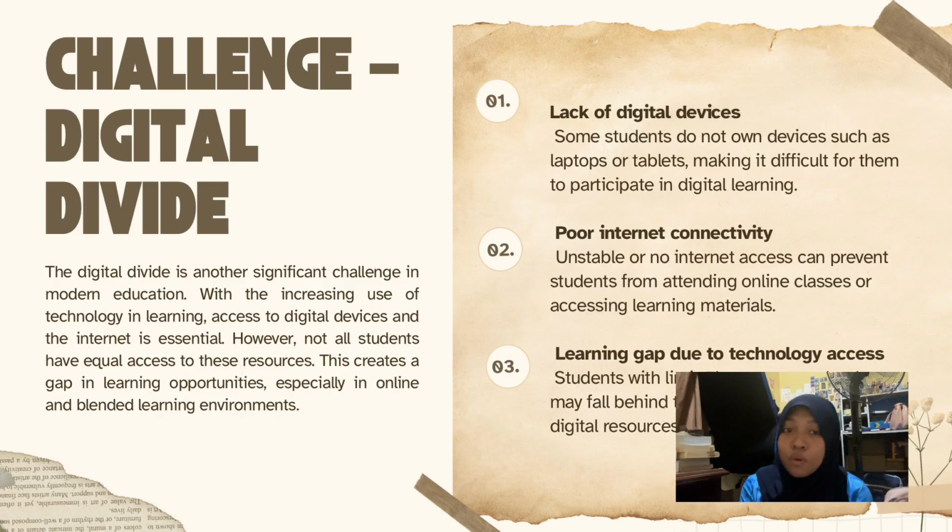First, we have the lack of digital devices because some students do not own devices such as tablets, making it harder for them to participate in digital learning. Next, we also have poor internet connectivity, where unstable or no internet access can prevent students from attending online classes or accessing learning materials.